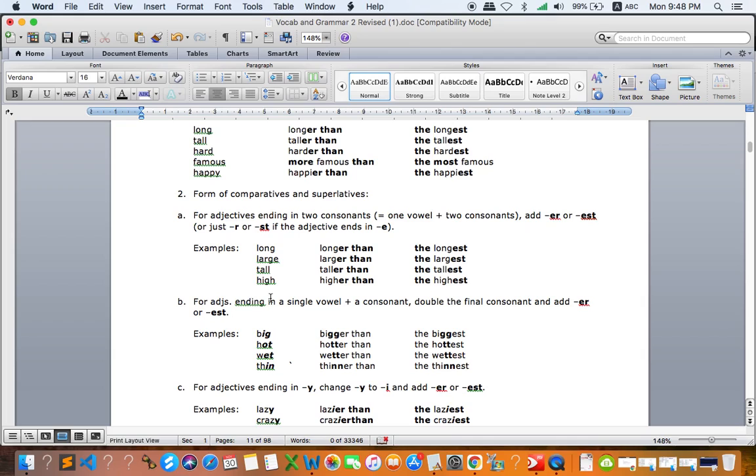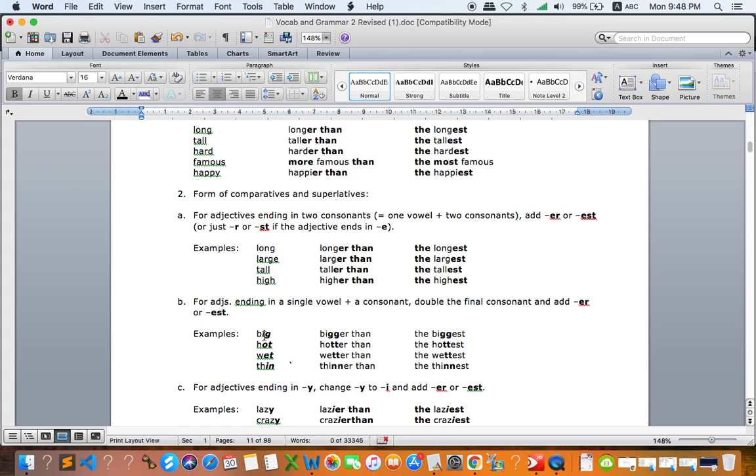So let's go to B, for adjectives ending in a single vowel plus a consonant. Everyone, a single vowel plus a consonant, just like this. Double the final consonant and add er or est. So you have to add one more final consonant. As you can see right here, it ends in g, so you have to double whenever you see consonant, vowel, consonant like this.